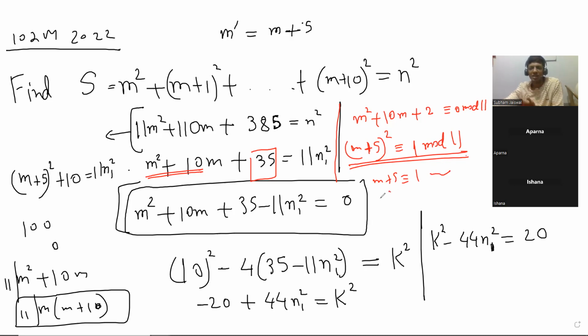So you understand, right? Then you get these small possibilities that m plus 5 has to be 1, or it has to be 6, or 15 or something, or 11 or something, and then m plus 5 has to be 18. That's just a simple thing you have to do.